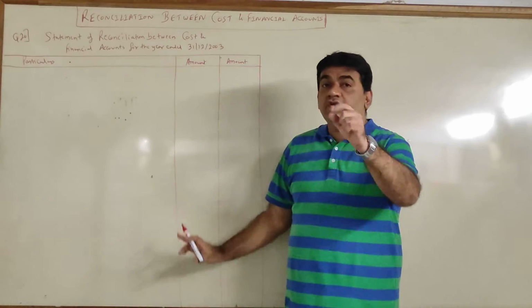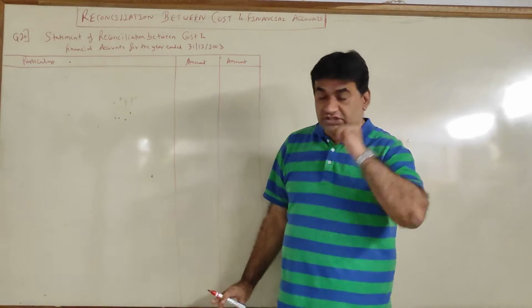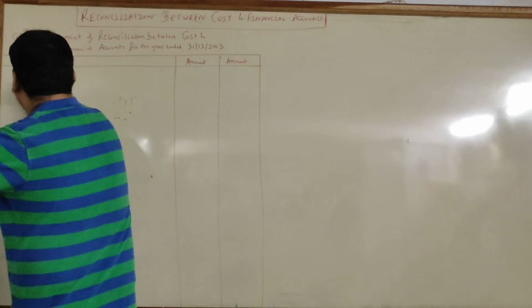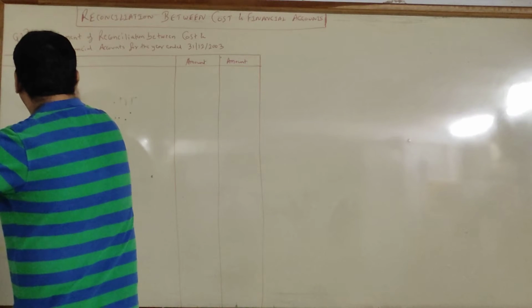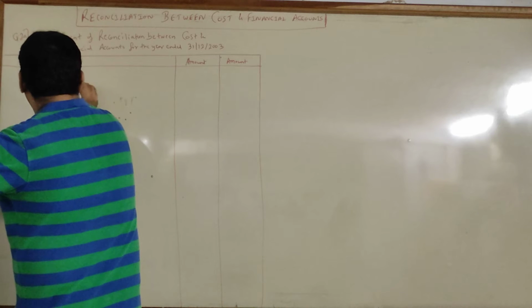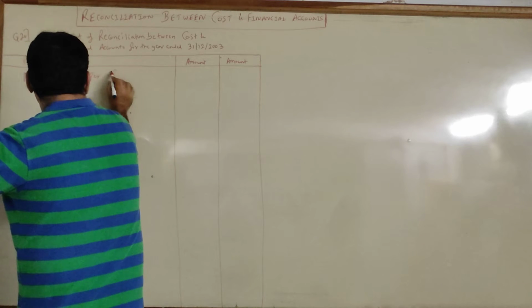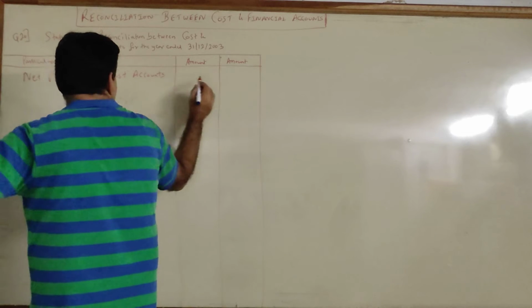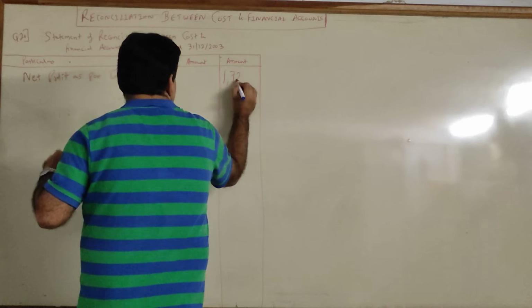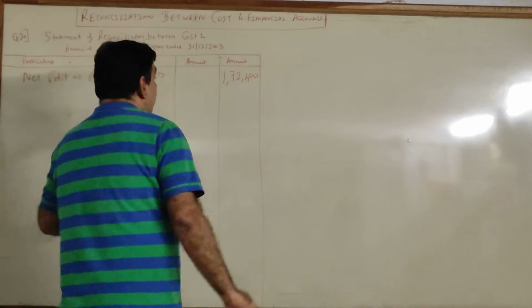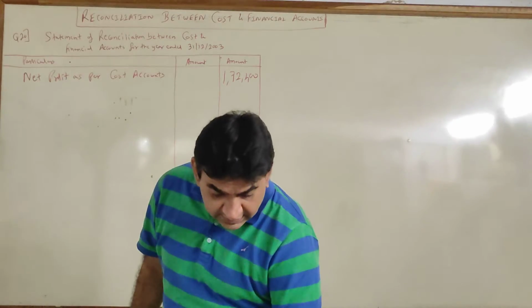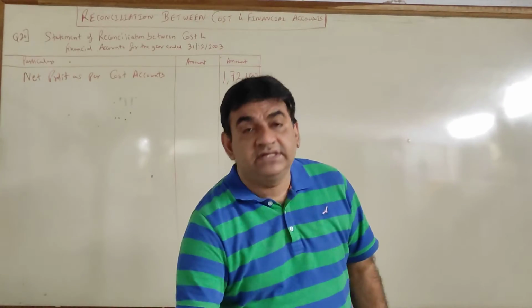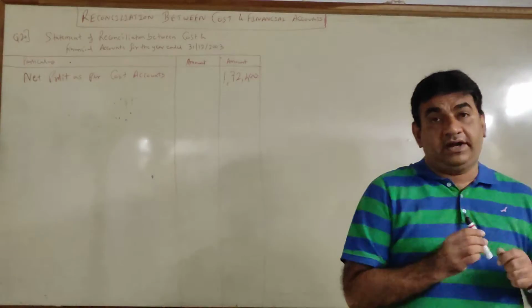Now see, you have to start with what? Cost accounts. So after preparing the table, in the very first line, you will write: net profit as per cost accounts, 172,400.